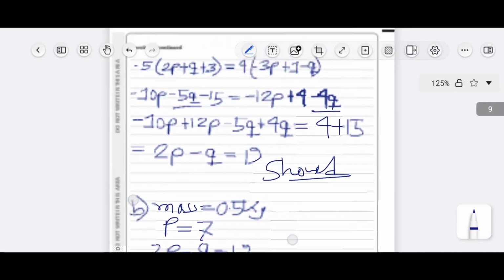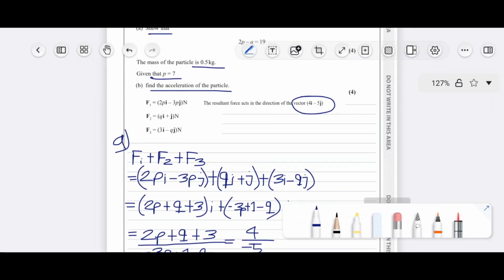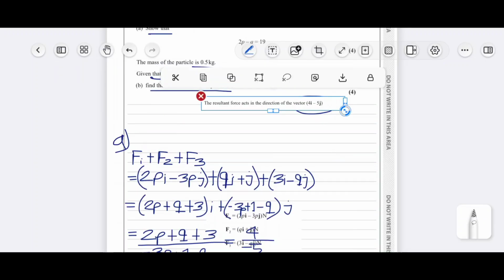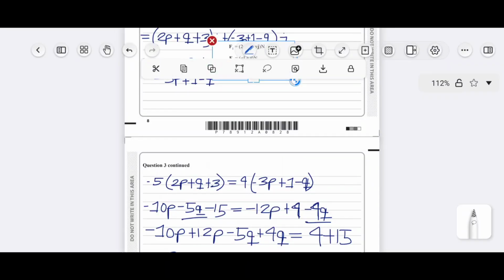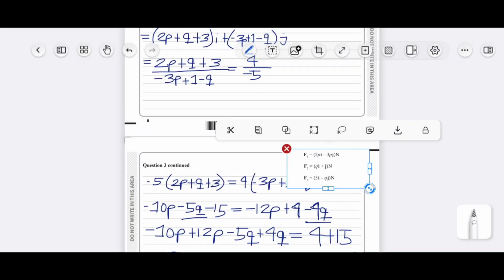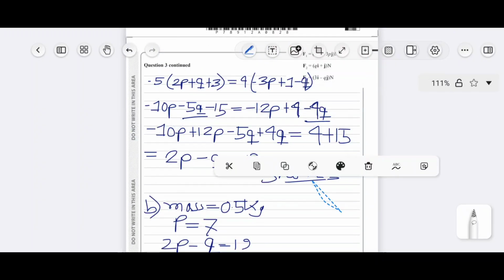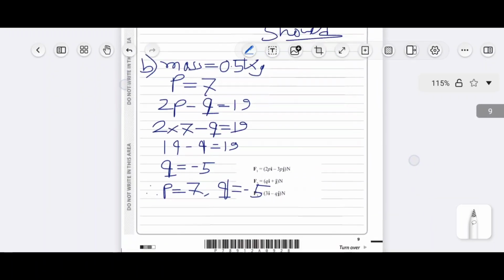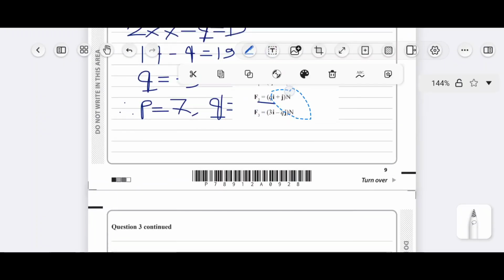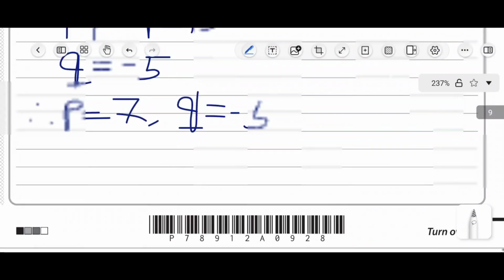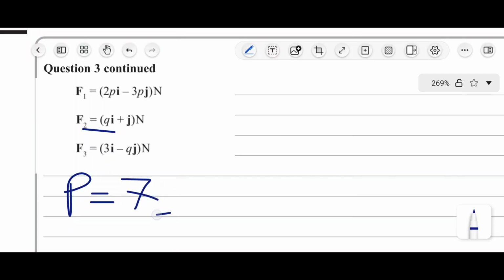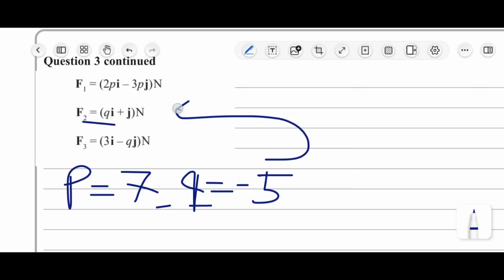Now we have to bring that part here. Now we have to put p equals 7 and q equals minus 5 here.